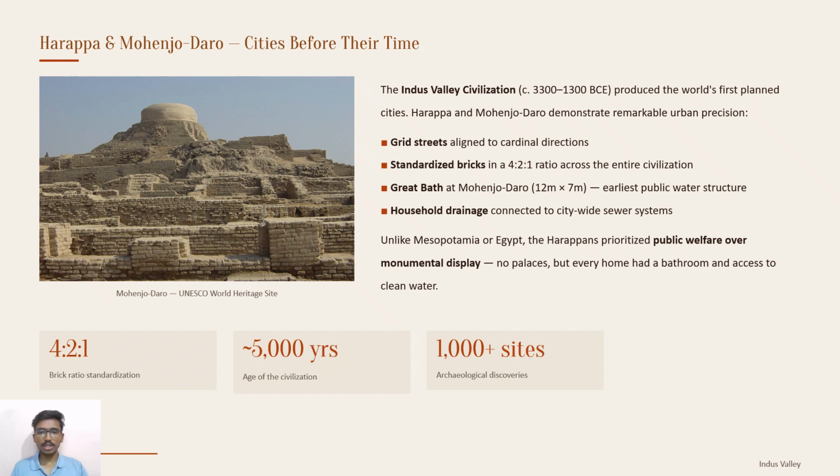Grid streets aligned to cardinal directions, standardized bricks in 4:2:1 ratio across the entire civilization. Great Bath at Mohenjo-daro, 12 by 7 meters, earliest public water structure. Household drainage connected to a city-wide sewer system.